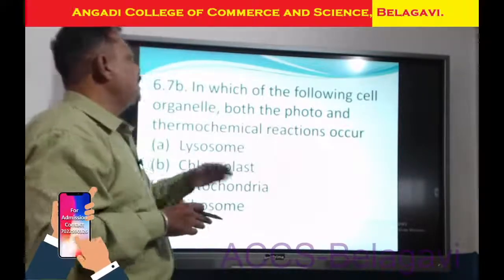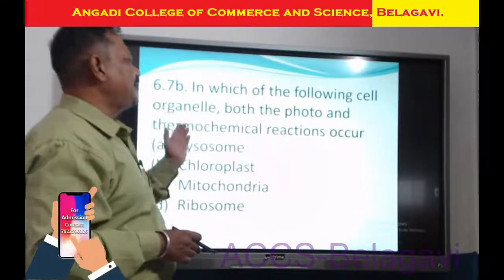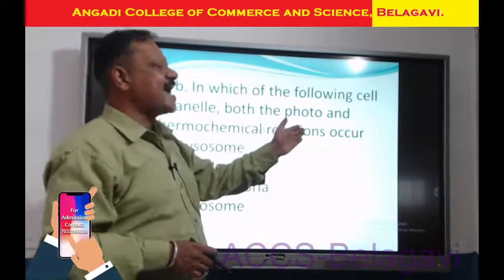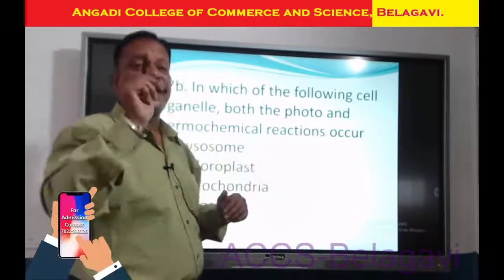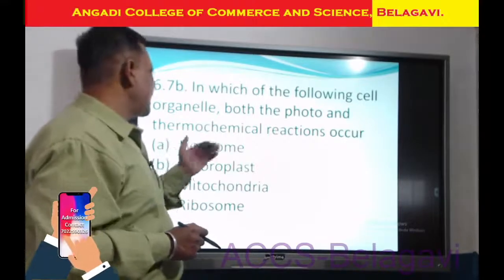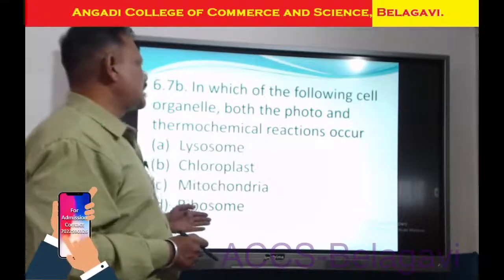Now, in which of the following cell organelles do both the photochemical and thermochemical reactions occur? Option A is lysosome, chloroplast, mitochondria, ribosome.